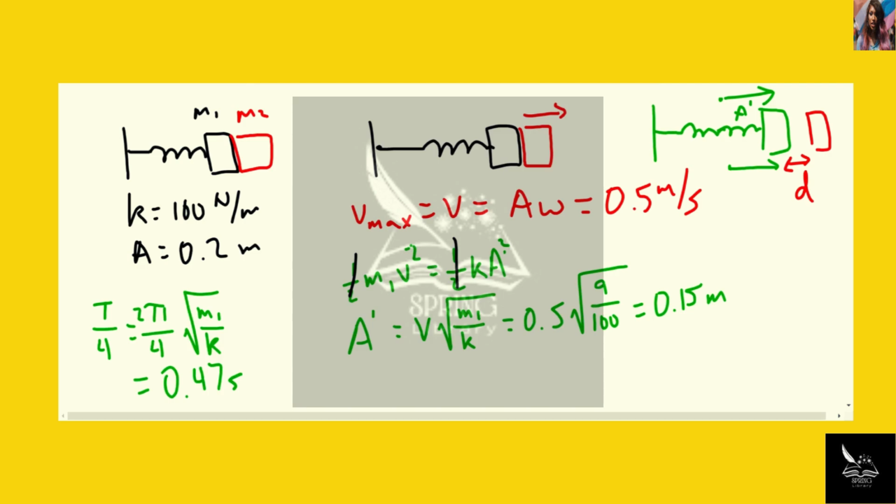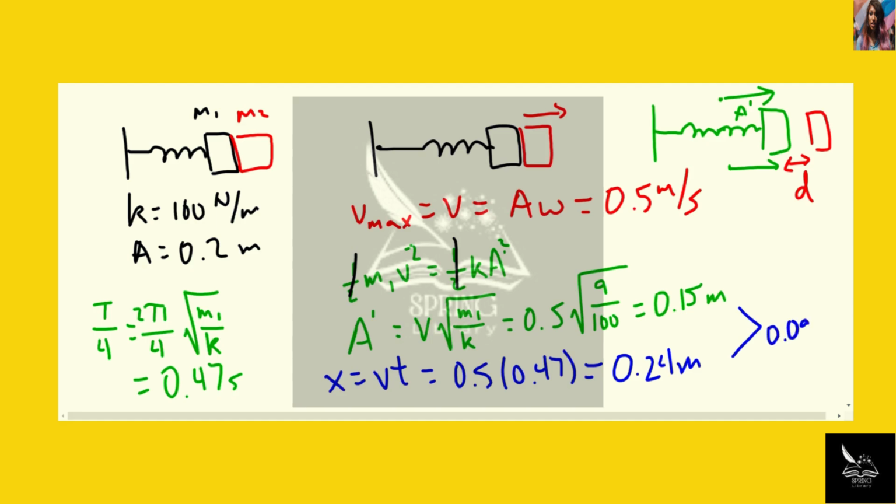Okay. Now the other guy's just moving at constant velocity, right? So he's just x equals vt, and his velocity is 0.5. And after 0.47 seconds, you find that he's about 0.24 meters. And therefore, those guys are 0.09 meters apart.